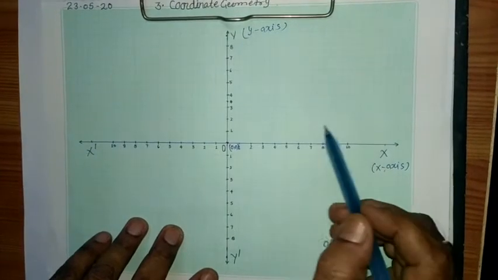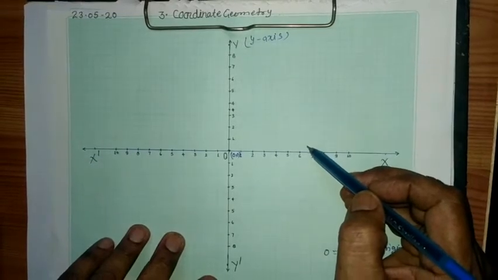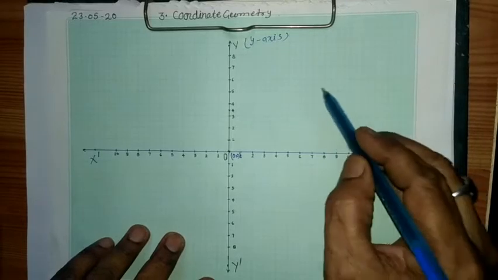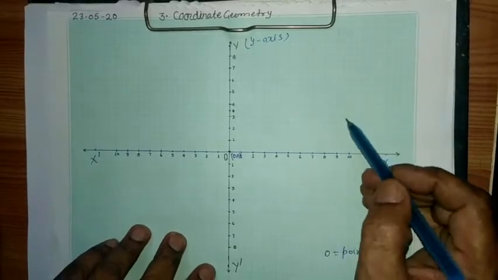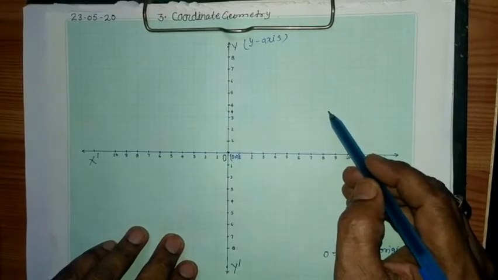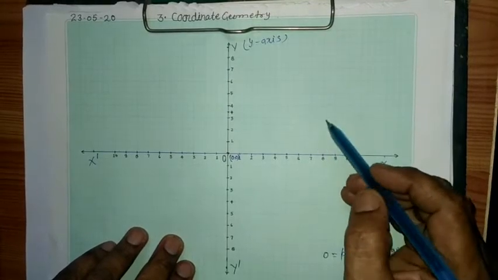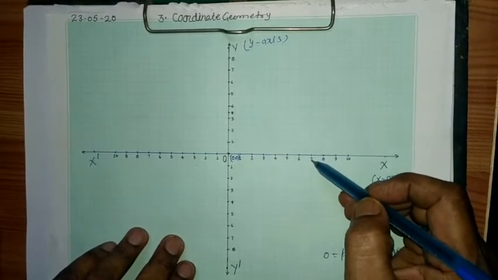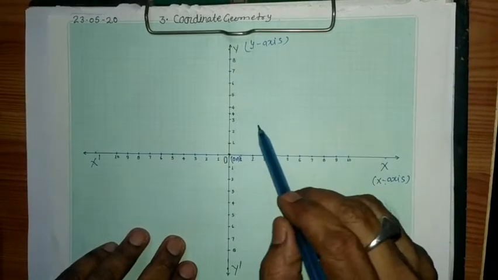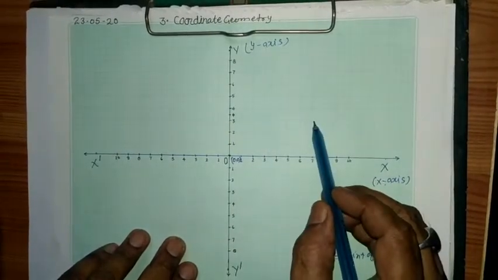The point which is shown as P has the coordinate given as (x, y). This point shows where the point lies relative to the x-axis and the y-axis.